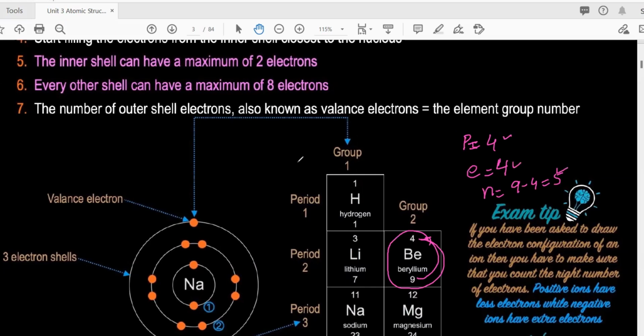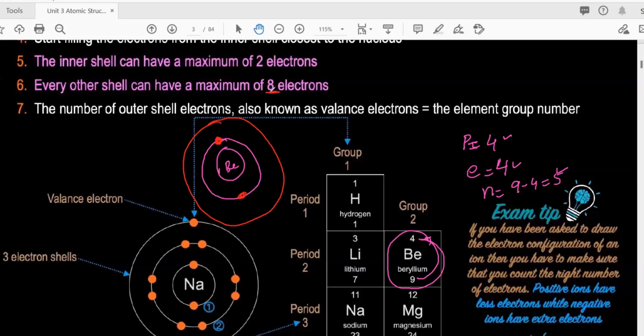So I will draw a circle. In the center, I will write beryllium. So I will draw the first shell. In the first shell, how much can I put maximum? 2. So out of 4, I put 2 in the first shell. Then in the second shell, how much can I put maximum?